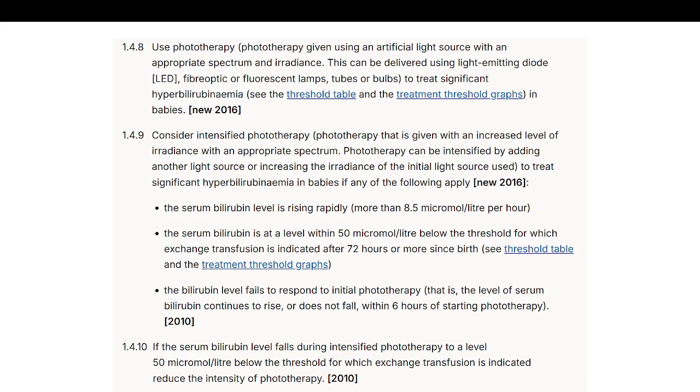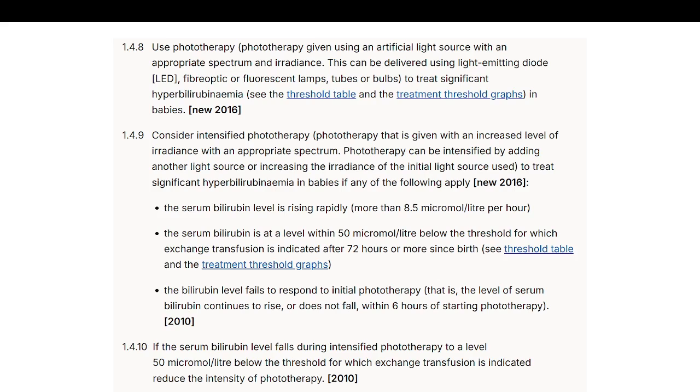Using phototherapy then, it looks like sunbeds essentially for the baby. But the reason you would be using double phototherapy is if you're repeating the serum bilirubin levels and you notice that it's rapidly rising, more than 8.5 micromoles per liter every hour.